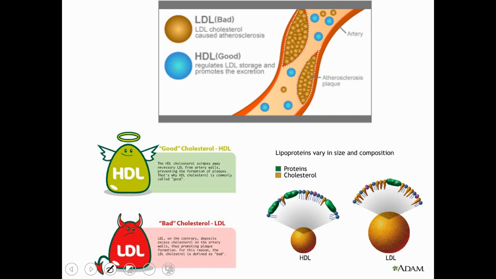Okay, so this is just a picture. You have plaque buildup here. You have your LDLs, which are in the bronze, and HDLs, which are good. And you're going to have both in your system, but these plaque deposits were formed due to the LDLs.